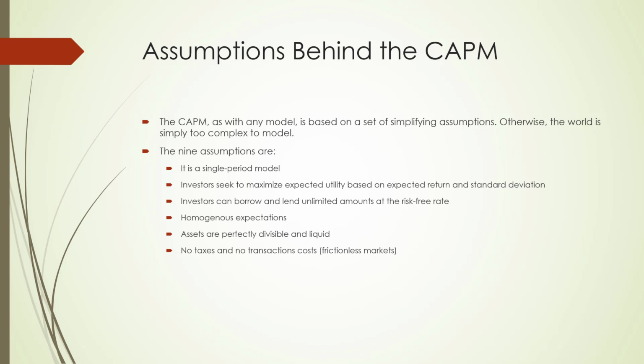If you're not familiar with arbitrage, that's simply making a transaction that has no risk but a greater than the risk-free rate expected return. And so if taxes and transactions costs exist, then prices in two different markets, which in theory should be the same, may not be, because investors can't buy in one and sell in the other until those prices are the same, because taxes and transactions costs would keep them from being able to do that.